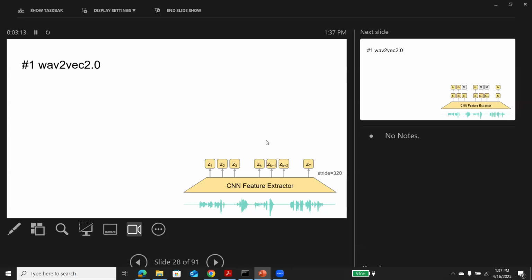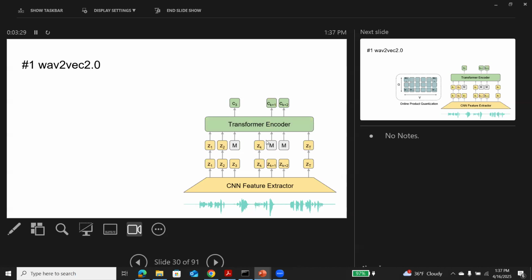So this is the first layer, the feature extractor, and they actually apply several convolution layers, and then we can mask some tokens like we did in the BERT model, and then we want to predict the masked tokens.